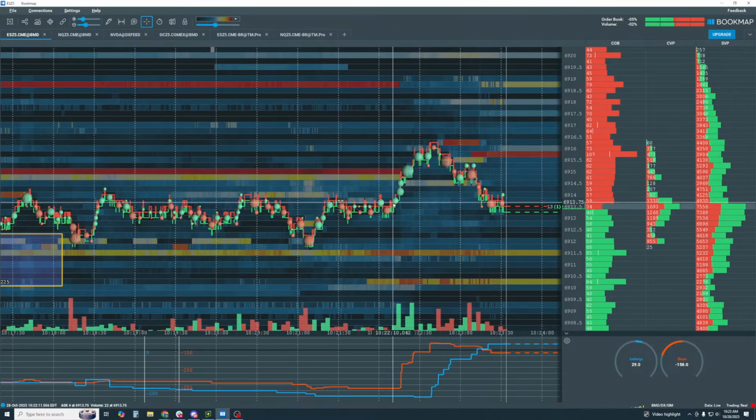Okay, and we have not looked at getting into this at this point on the pullback. Okay, that looks pretty good.